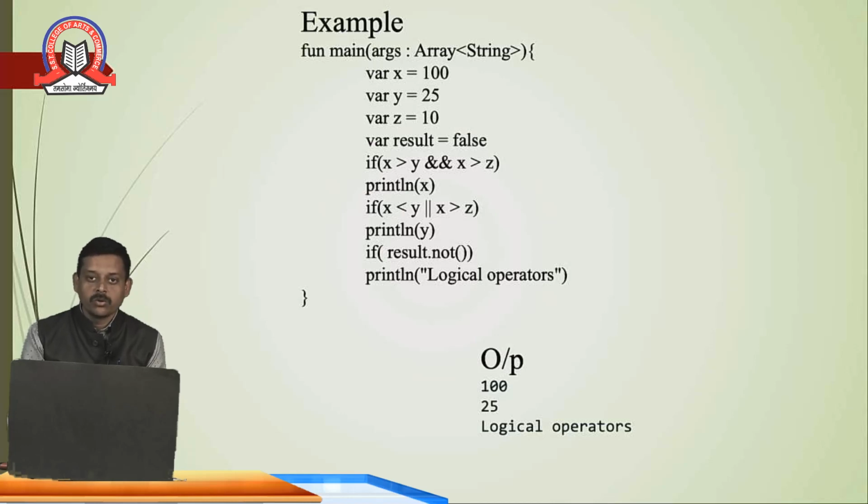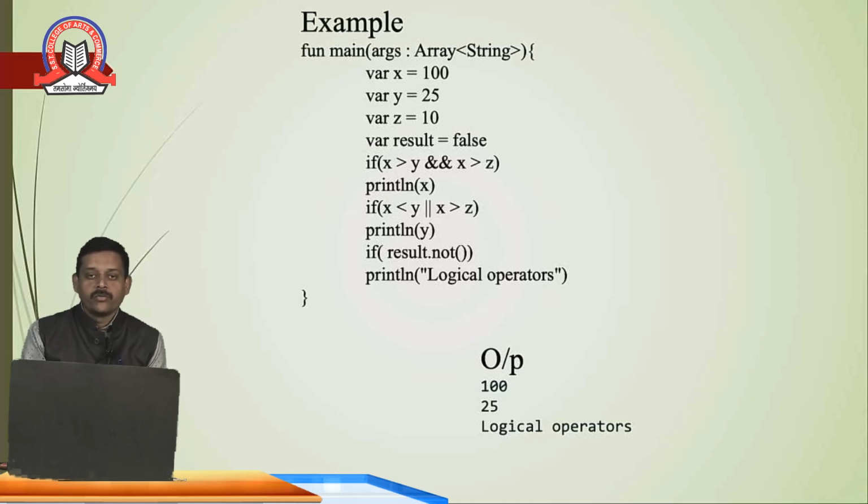As we all know, 100 is greater than 25 and 100 is greater than 10, so it will print the output 100. Similarly, if X is less than Y or X is greater than Z: 100 is not less than 25, but 100 is greater than 10, so it will print the value of Y, that is 25.